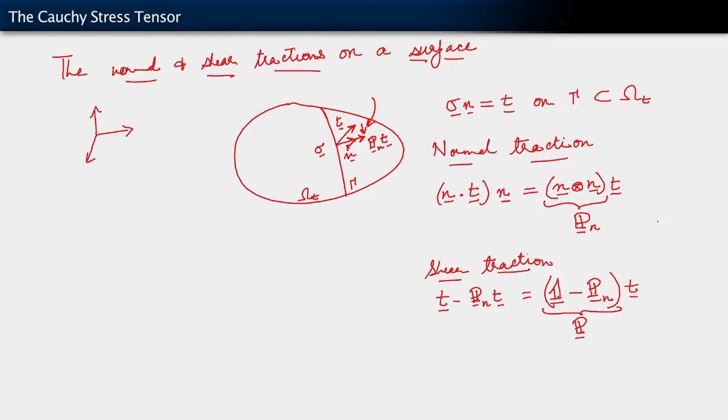Instead of n, we'd use the perpendicular symbol, but it's essentially the same thing here. Let me just use PS here. So this then is PS acting on T. That's the shear traction. So PS, we could always write it out in this form: 1 minus n tensor n, second order isotropic tensor minus n tensor n.